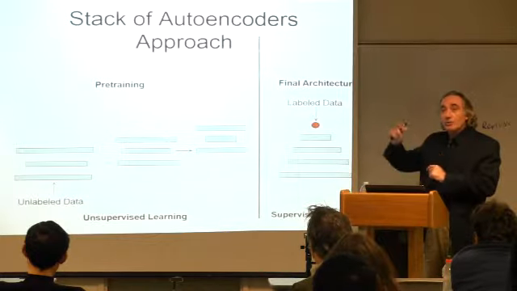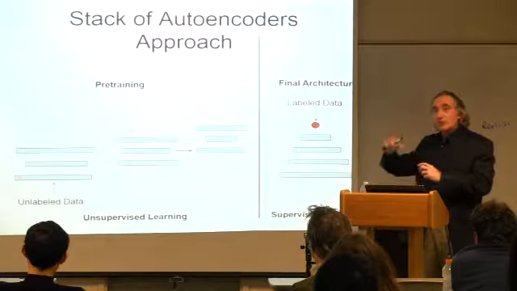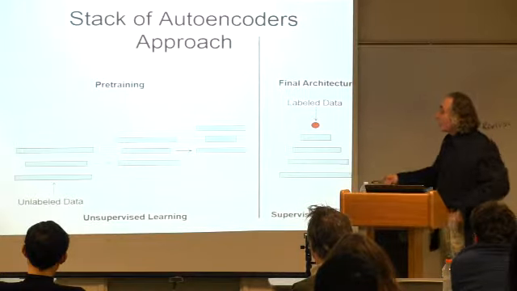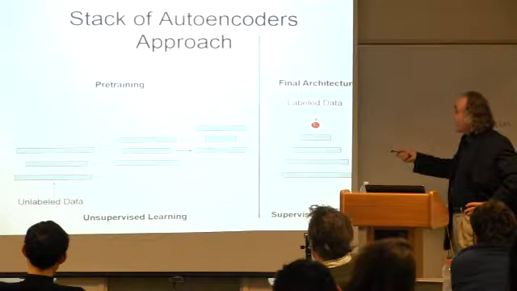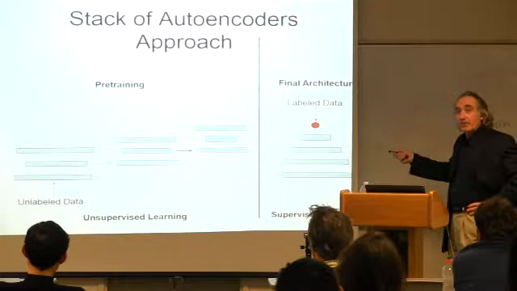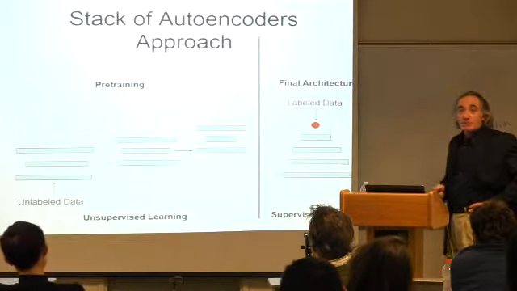So you stack autoencoders: you train the first, then you use the hidden layer of the first to train the second, etc. You stack these autoencoders on top of each other, and then you finally put your discrimination unit that decides what's the probability that there is an elephant in the image or not. And now you train this whole thing by backpropagation.